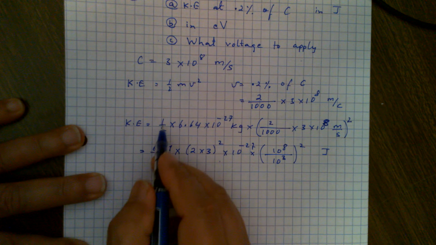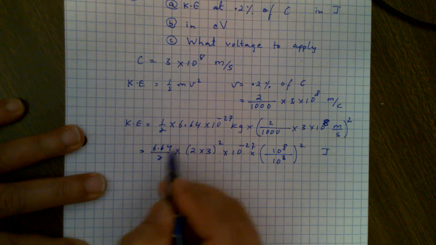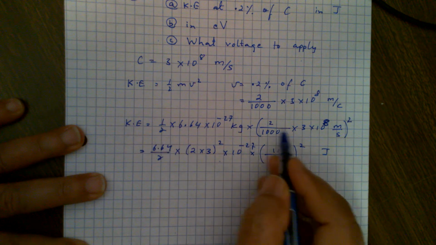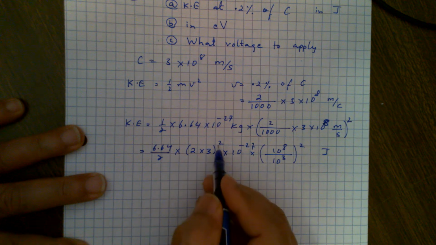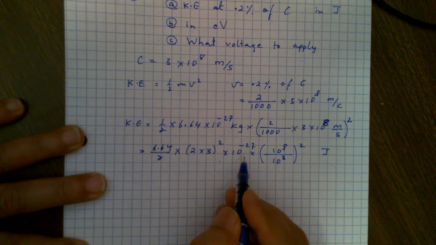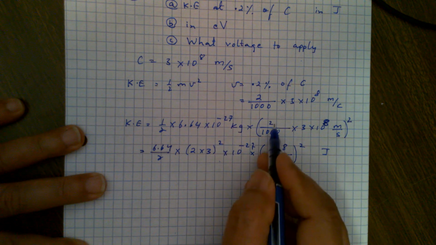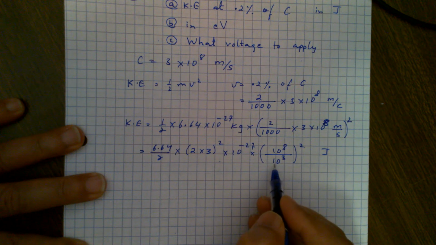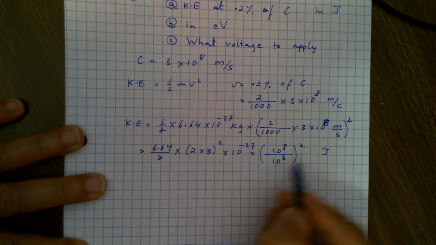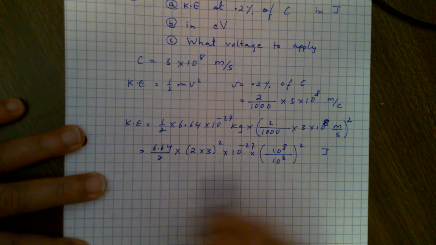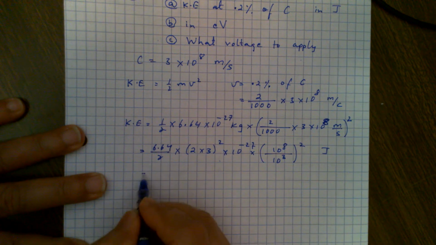Check again. 1/2 is there, 6.64, 2 times 3 squared, 10 to the power negative 27, then 1 divided by 1,000, that is 1 by 10 to the power 3, 10 to the power 8 here, and squared.